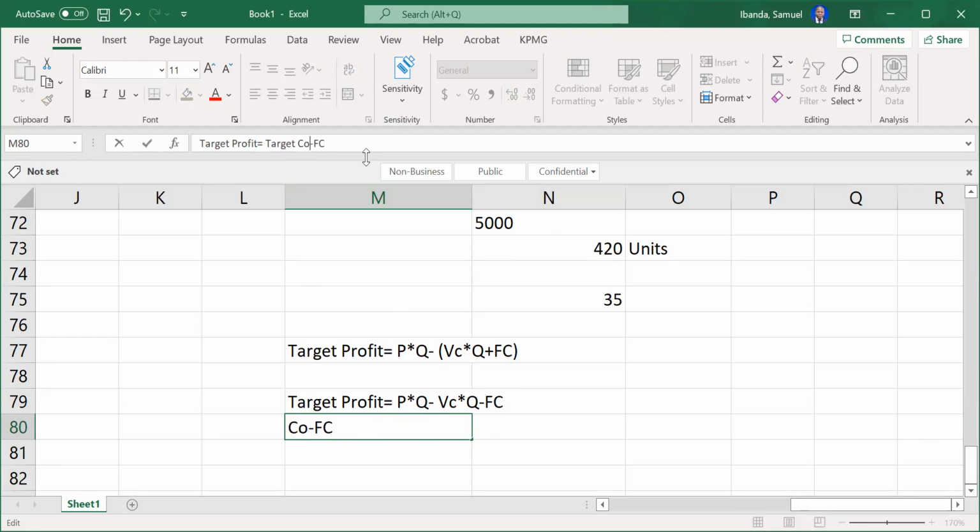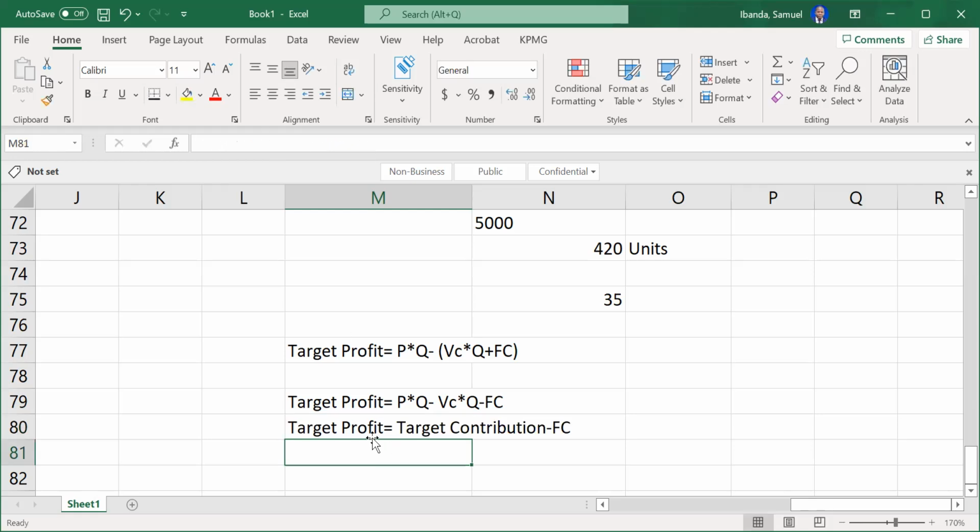Sometimes it can be target contribution, or you can call it contribution. So target profit can be target contribution minus fixed cost, because we say that contribution is the difference between your total revenue and your total variable costs. So the target profit can actually look like that. Are we together?